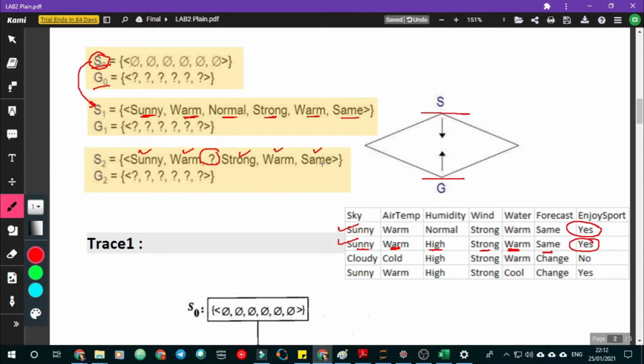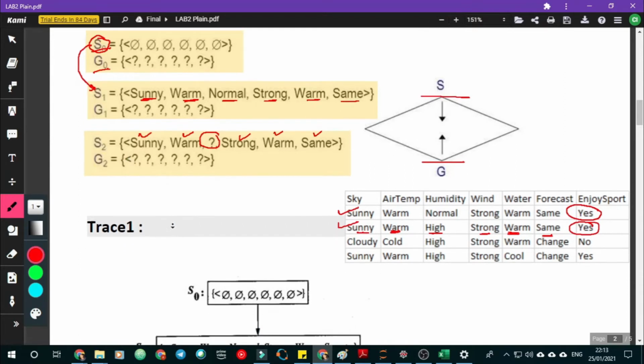So this is how the specific hypothesis works, similar to Find-S, right? The specific part is similar to Find-S, but not the general part. When we read the positive example, changing the specific part is similar to Find-S, but I need to change the general hypothesis as well. Okay, now we'll move to the next.